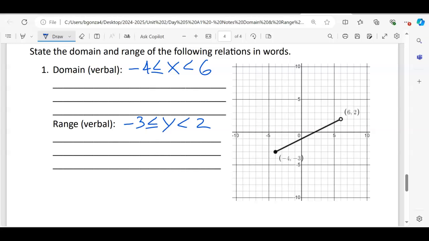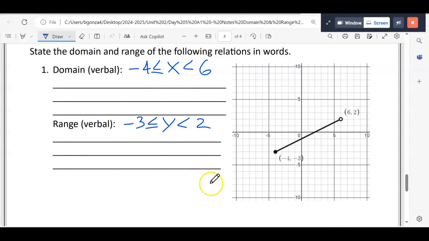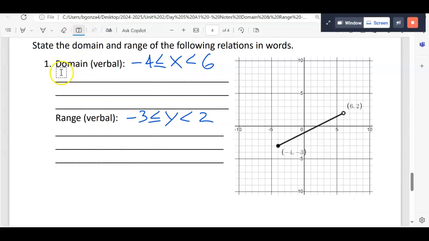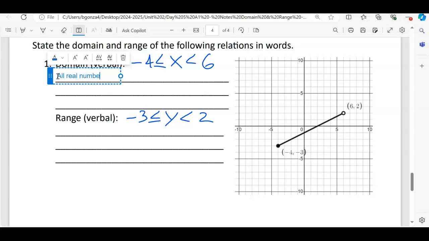That means you're writing with words, just like the page before this. So we just did this. What are the first three words you write? All real numbers. Can everybody write down all real numbers for domain and all real numbers for range? That's what you start with. All real numbers.